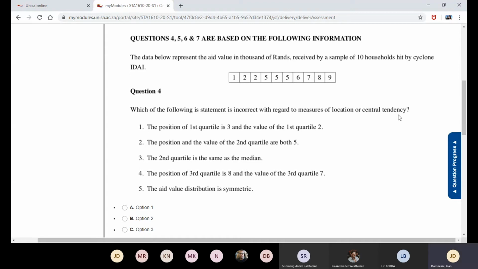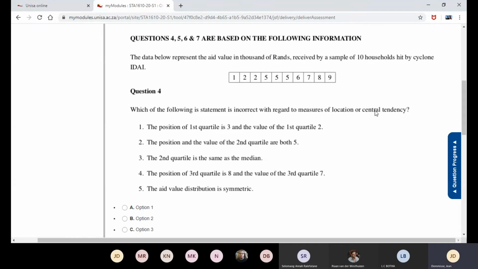So let's quickly look, since they ask us which statement is incorrect. I just want to look at the easiest ones first. So measure of location is mean, median, and mode.